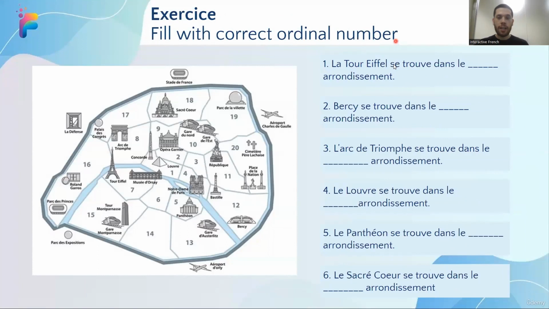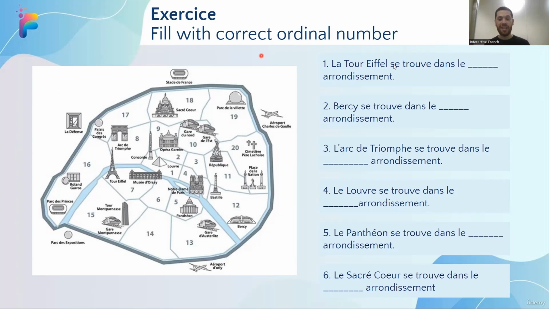Let's now look at this little exercise here. You are going to have to find the right nombre ordinal here. As you can see, we have a map of Paris.